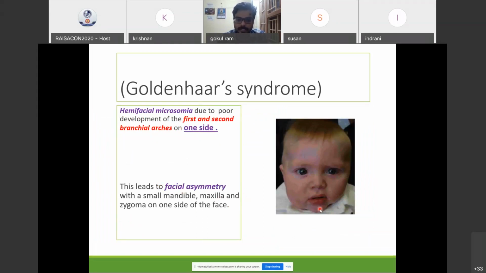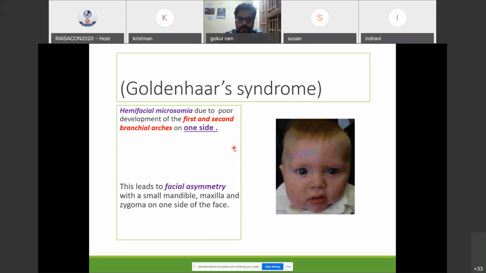There will be difficulty in intubation, and the mask ventilation itself will be difficult. Mask ventilation is the main difficulty. Then they can have associated problems because of other issues. So whenever you have a syndromic child, always be prepared for a difficult airway, which could be difficult mask ventilation, difficult laryngoscopy, difficult intubation. Sometimes they may even have difficulty in phonation.